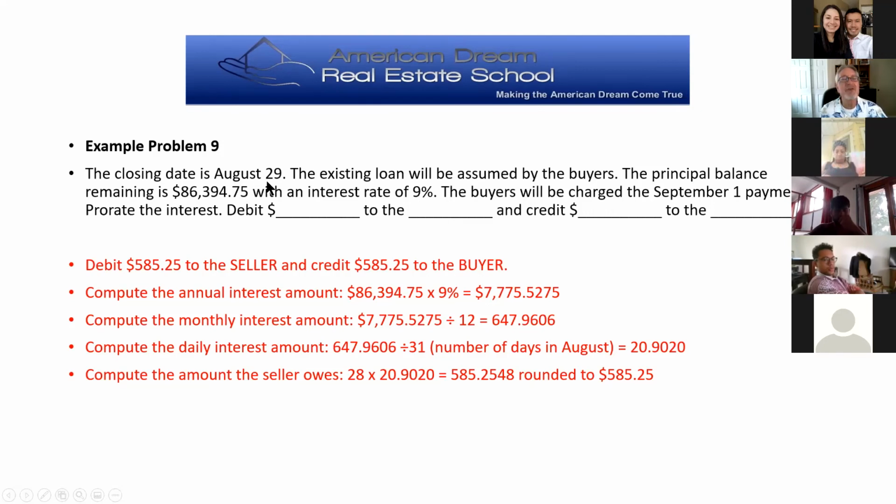They're only there as of the 29th. So the 8 days they weren't in there, that's the amount they're going to have to get credit. So when they make that September 1st payment, they already have the monies in their pocket to compensate for all of August they will be responsible to pay for.